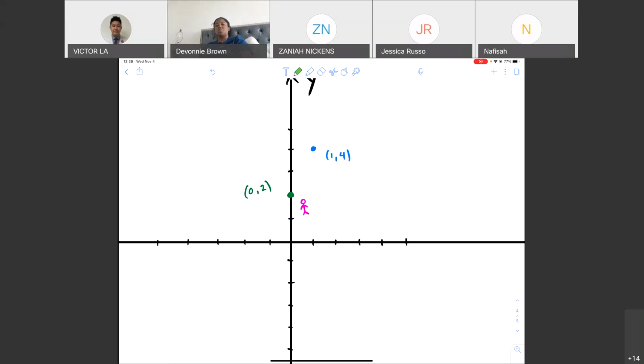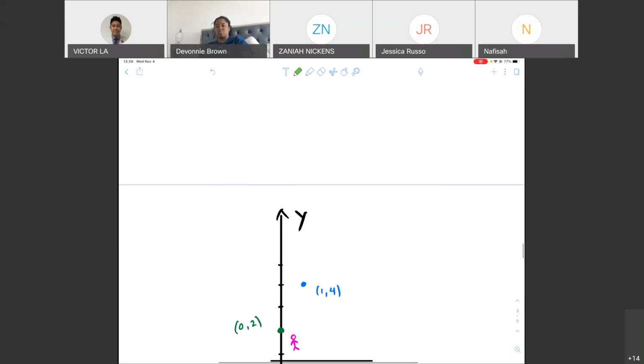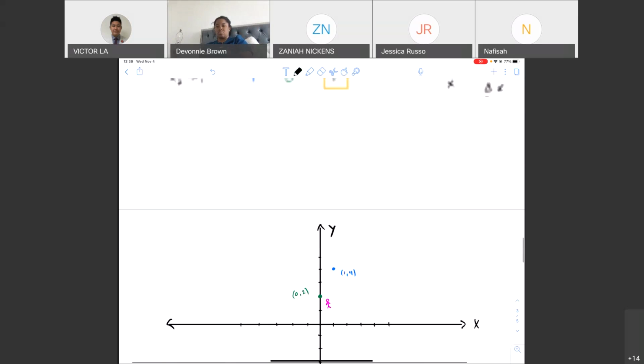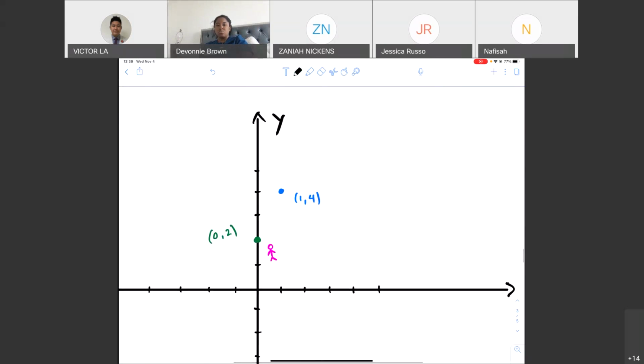And what happens is we were told that our slope was the 2 over 1. So I'm going to draw it on the side here. Hey, remember that our slope, m, is equal to 2 over 1. But that also means we're going to rise and then run. Which means what?